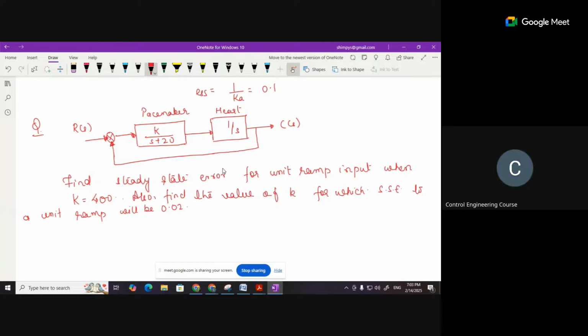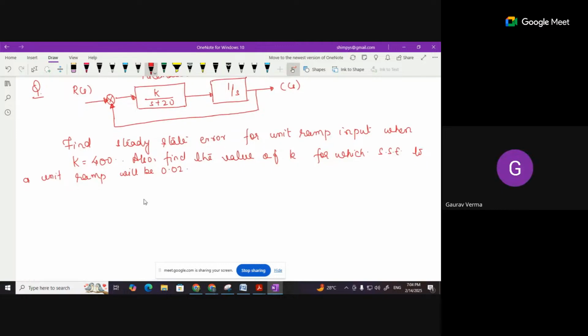So this is how the transfer function for the heart has been given as 1 by S. And for the pacemaker, it is given as K by S plus 20. We'll look into more details of how to go to real world examples.